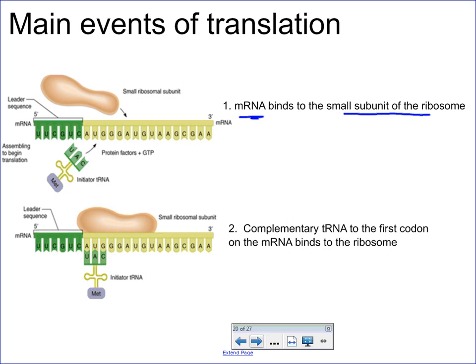The complementary tRNA to the first codon, and remember AUG is that start codon, will then bind on the mRNA to the ribosome. So here we have our first tRNA that is complementary to that start codon, and that tRNA contains that amino acid methionine.